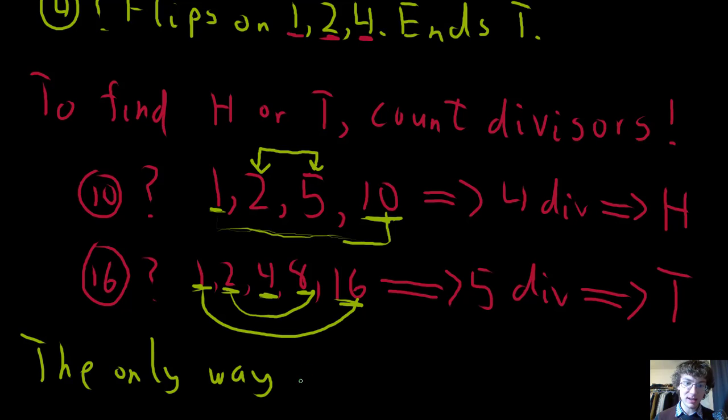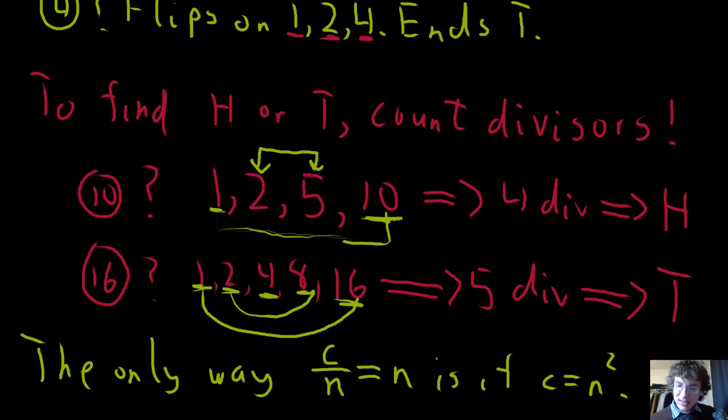The only way, say, some coin number C divided by divisor n, for instance, C is 16 and n is 4, and you get the same divisor back, which means I'll put n on the right side. That's just the case we're talking about with 16: 16 divided by 4 gives you 4 back. The only way you can get that is if C is a square, right?